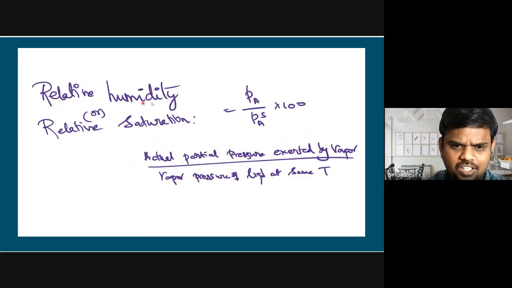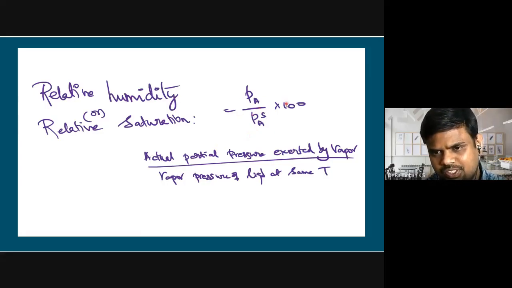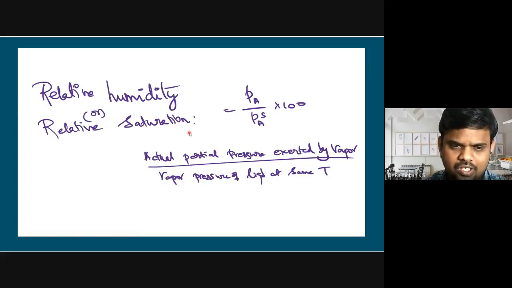And we can see what is relative humidity or relative saturation. It is the partial pressure of A by the vapor pressure, so the actual partial pressure exerted by the vapor by the vapor pressure of the liquid at the same liquid temperature T. And it is in percentage, so we are multiplying by percentage.